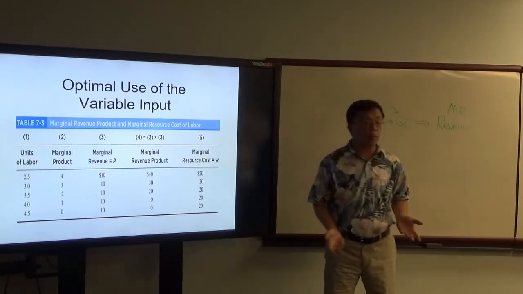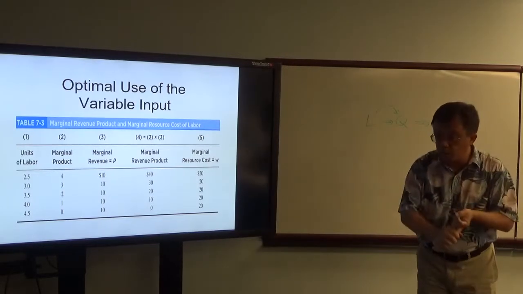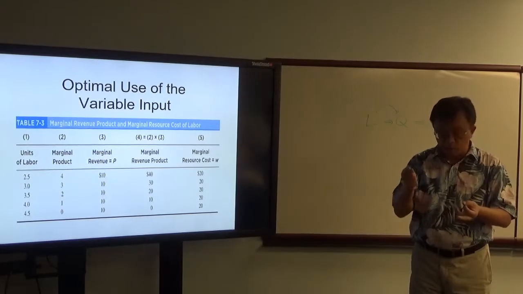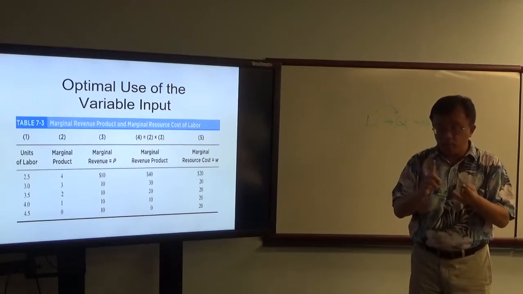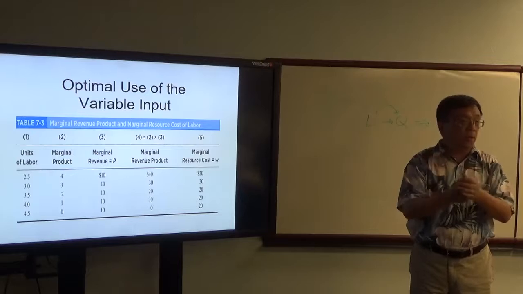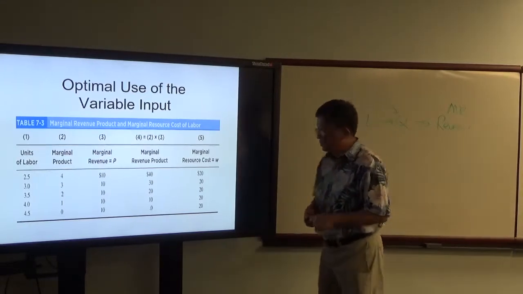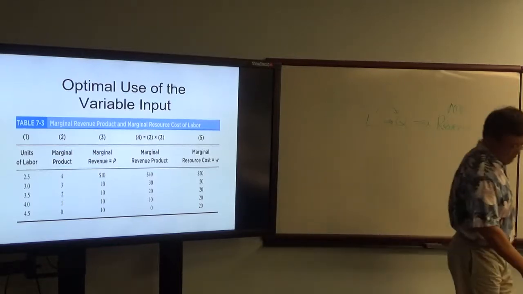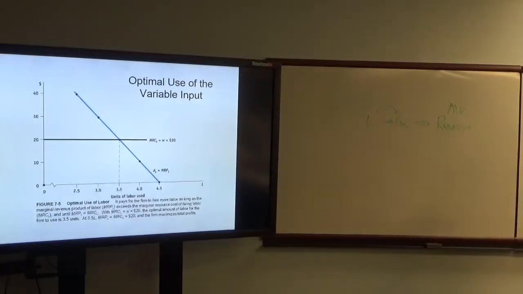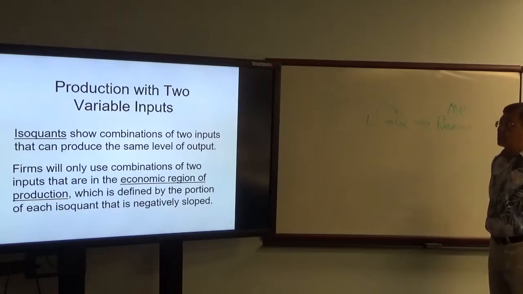If you use one more unit of labor, you need to take a look at what is the additional revenue, what is the additional cost, which is called the marginal revenue product and marginal resource cost. When they are equal, then that's the optimum number of workers. But here we're talking about what if you can change capital and labor at the same time? Changing capital and labor at the same time.